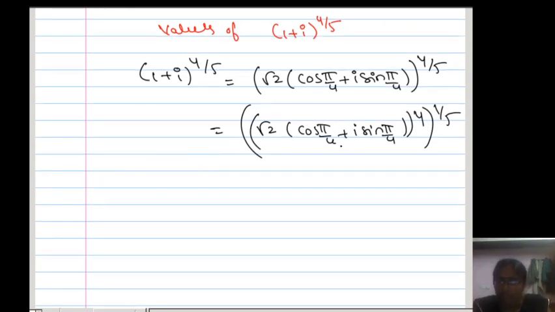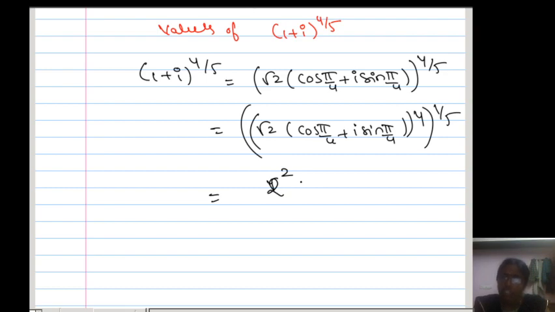Otherwise, 4 by 5 you can do directly too. Otherwise you can do the power 4 first; I am applying De Moivre's theorem here. Root 2 power 4 is nothing but 2 power 1 by 2 times 4, so you get 2 square.